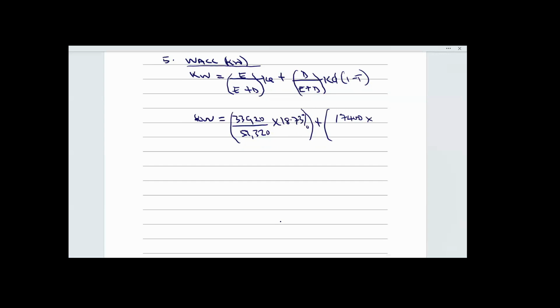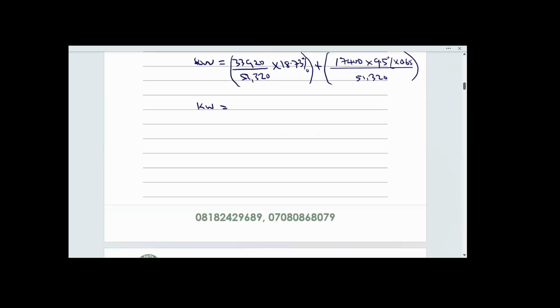Multiply by 9.5%, then multiply by 1 minus tax, that's 0.65, divided by the total value, which is 51,320. So from the left, this should be 33,920.